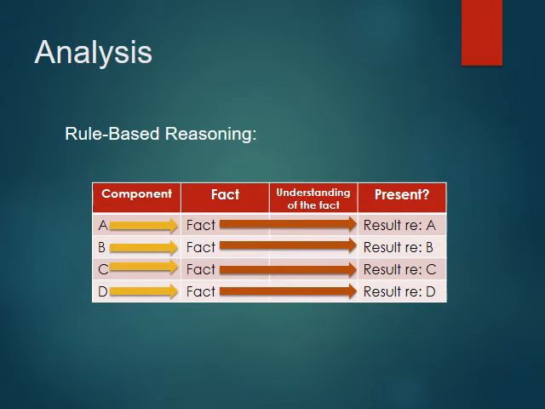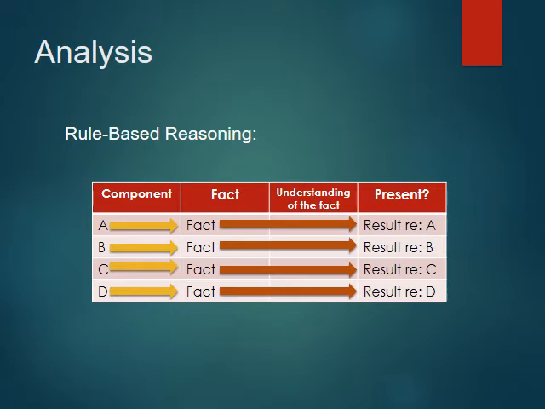But getting back to the nuts and bolts of the analysis, this is what rule-based reasoning looks like. There's a component, and you can think of those as elements of your rule. Facts that you're going to identify from the question will be presented by yourself in your answer.